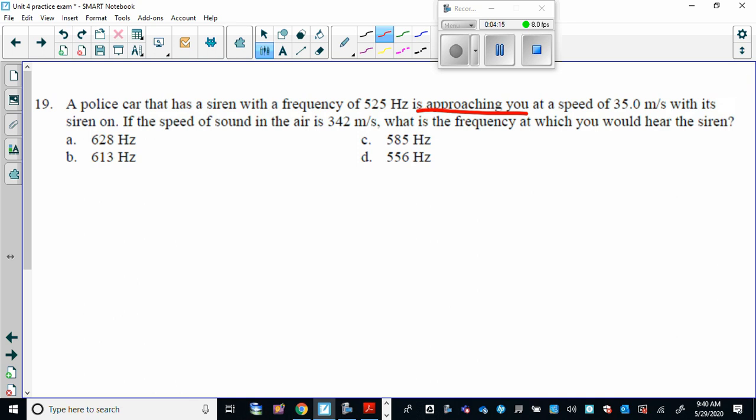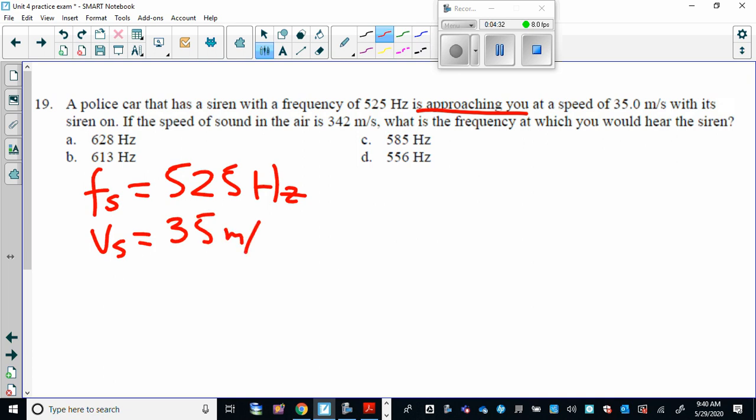Okay, so we've got the frequency of the source, we've got the velocity of the source, and the velocity of sound in air on that particular day was 342 meters per second.